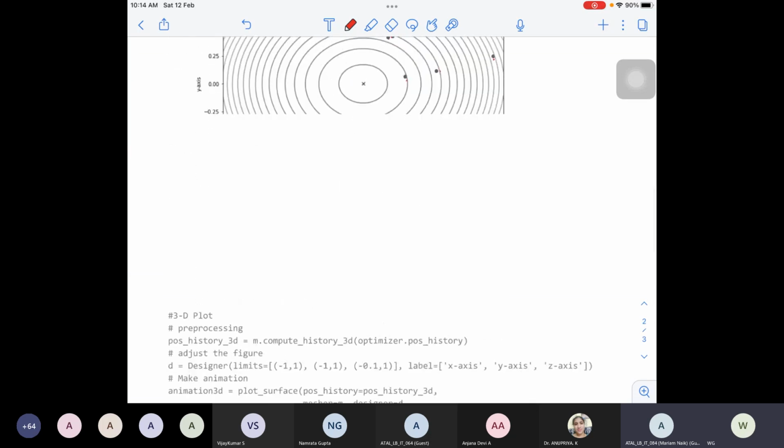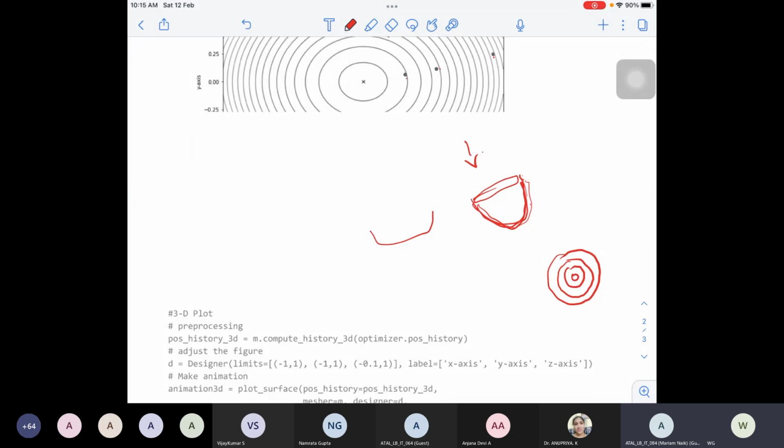Contour plot means, say for instance you have a hemispherical vessel. If you have a top view of this vessel, you are going to have such kind of circles. That is what a contour plot is.